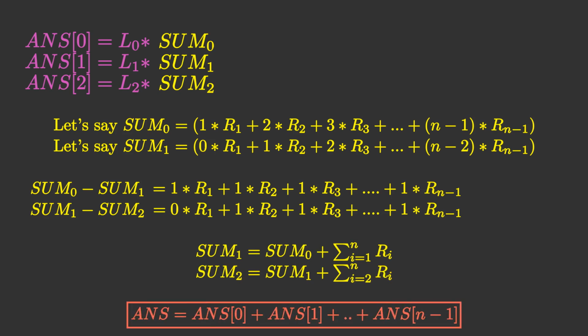So we can say that sum 1 equals sum 0 plus summation of all Ri's. Similarly, sum 2 equals sum 1 plus summation of all Ri's except R1. That means the suffix sum of all R's till I equal to 2. And our final answer will be the sum of all these answers: answer 0, answer 1 and answer 2, etc. for all the inflection points which we have.